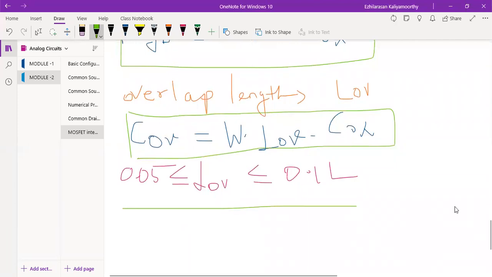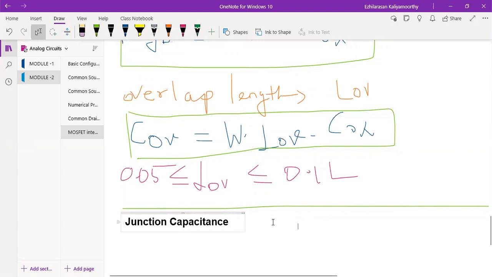So now this is all about the gate capacitance. Next, let us study the second, that is junction capacitance. The junction capacitance, as I said, is the capacitance formed in the depletion layer, that is from source to bulk and drain to bulk.